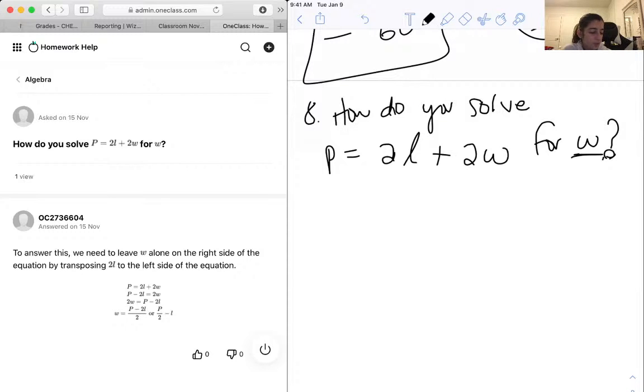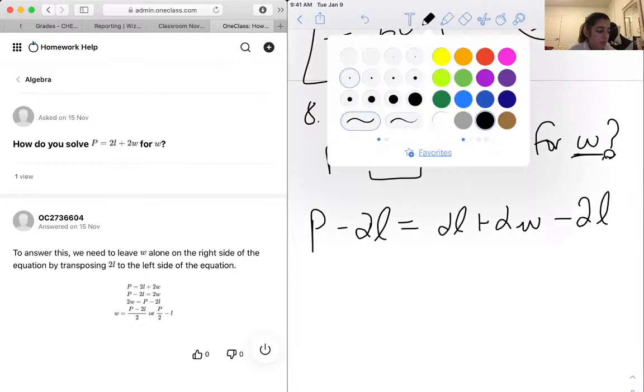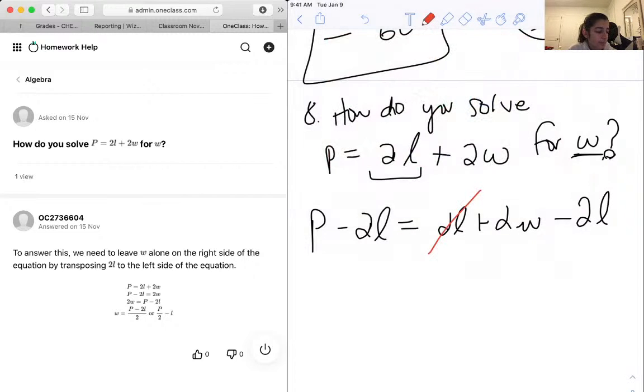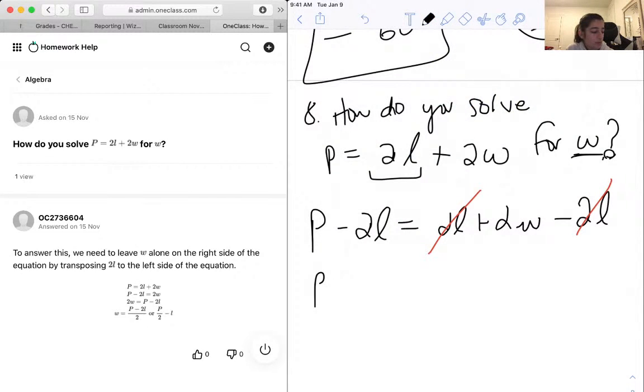So the first thing you're going to do is get rid of this term over here. You can do that by minusing 2L on each side. So P minus 2L is equal to 2L plus 2W minusing 2L, which will get rid of this for us. That gives us P minus 2L is equal to 2W.